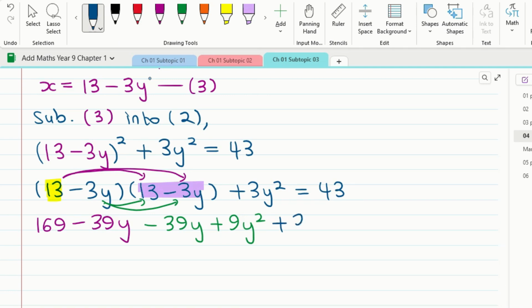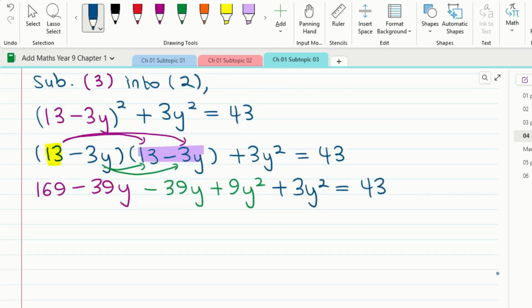But do not forget the whole equation, because you still have the other terms, and this equation must be simplified. Let's write down the y squared terms first.